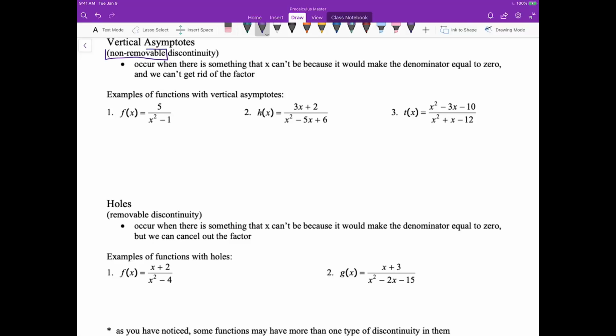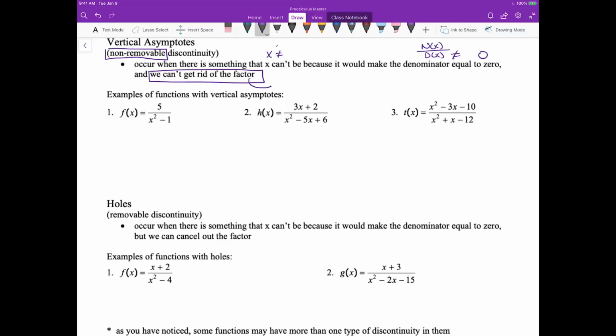So it's non-removable because the asymptote occurs when there is something that x can't be, because it would make the denominator equal 0. So x cannot be this value because the denominator cannot be 0. And it's non-removable because we can't get rid of the factor.